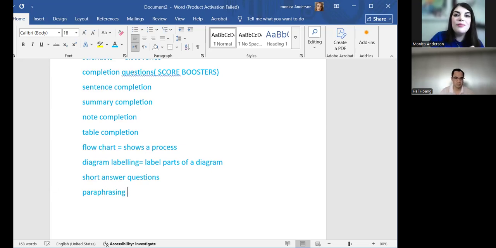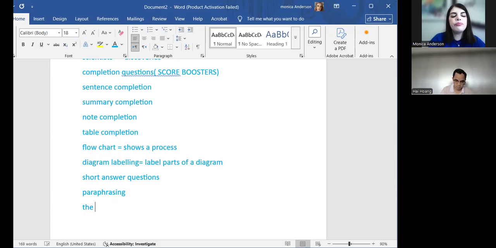Paraphrasing skill. Use the synonyms, understand the meaning of the sentences. I can say that paraphrasing is the key to everything in the reading part. So, for example, look at this.